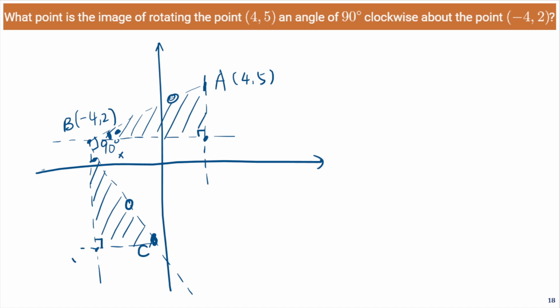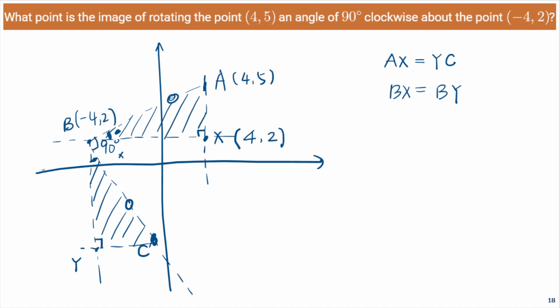So let's call this point Y and call this point X. So we know that AX should equal YC, right? The length of AX equals the length of YC. The length of BX should equal the length of BY, right? So first of all, we know the coordinate of X is 4, 2.